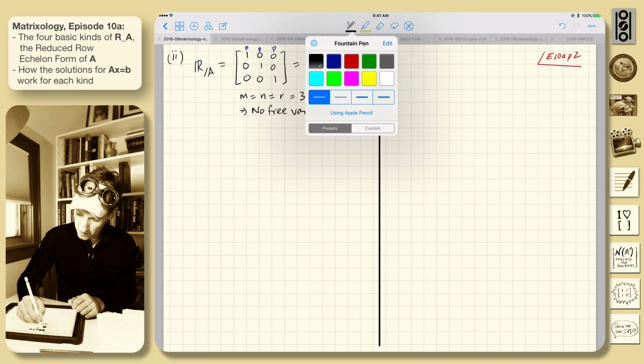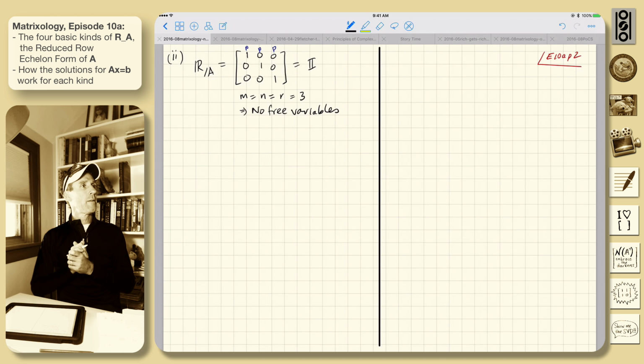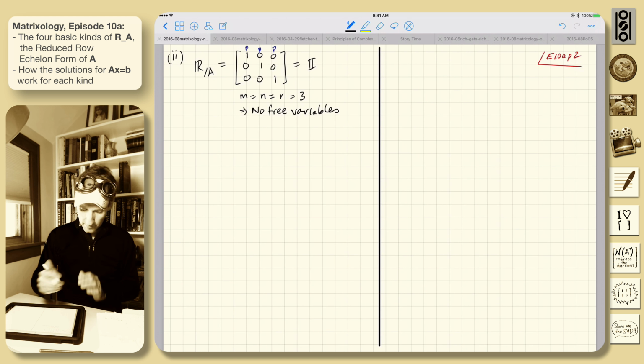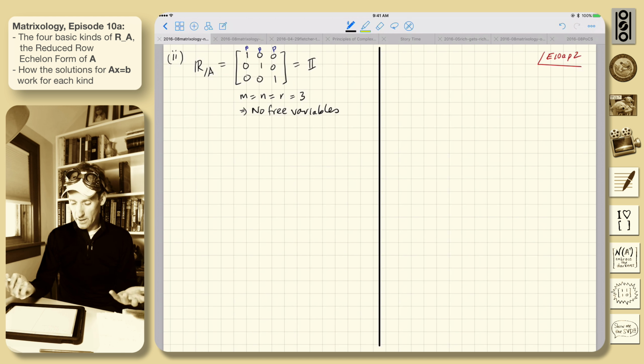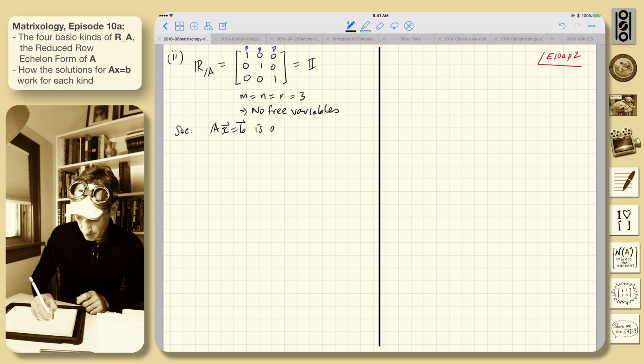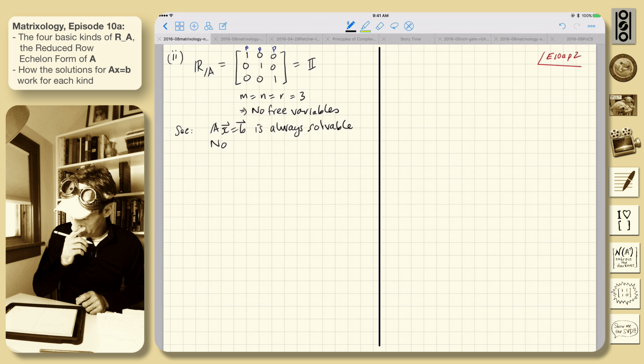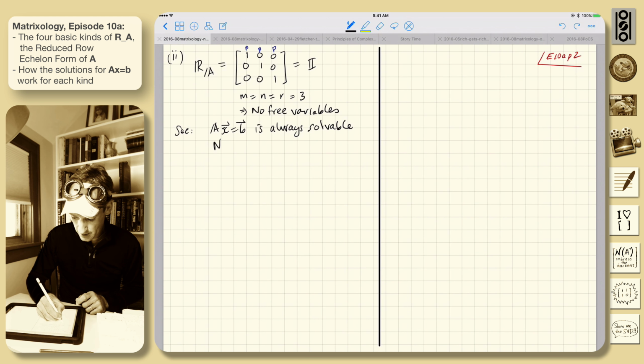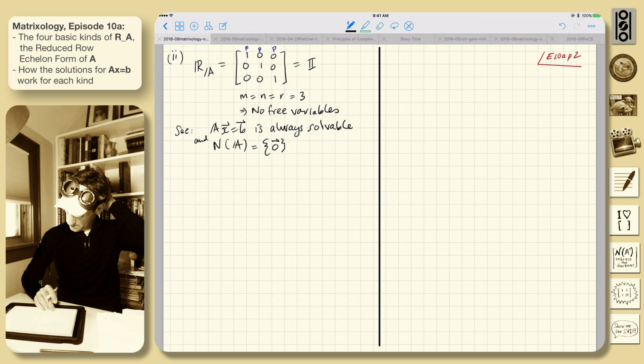So it's got 3 pivots, they're all good. And in this case, it doesn't matter what b is. We see in this case that Ax equals b is always solvable. It's the same story as before. And the null space of A is just equal to 0, no free variables.